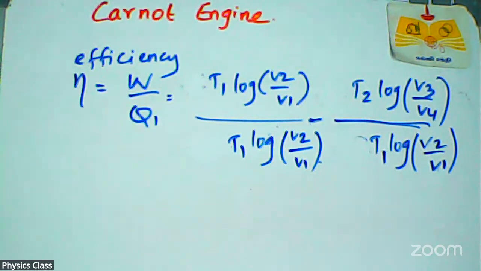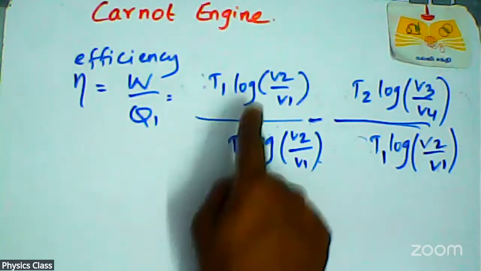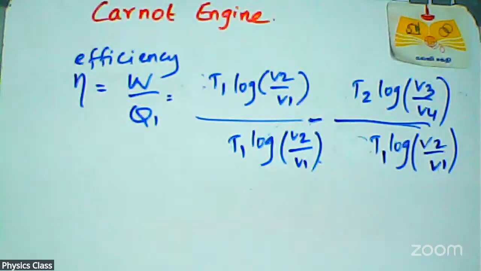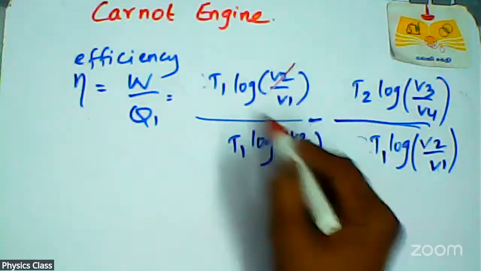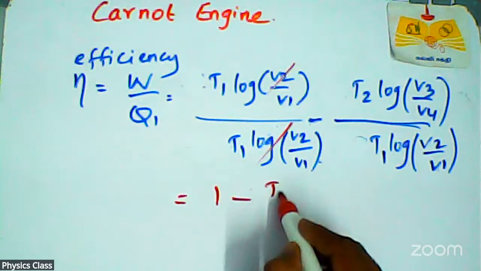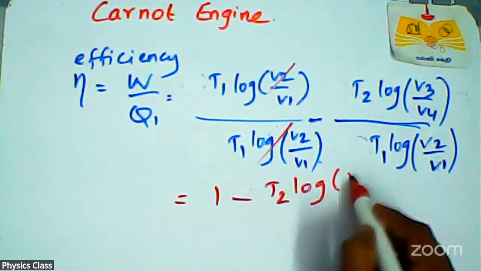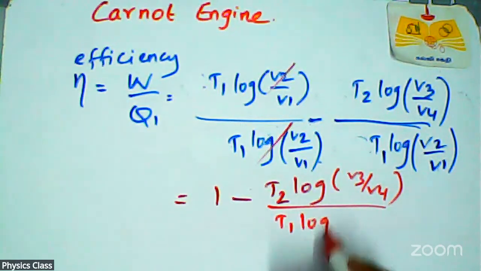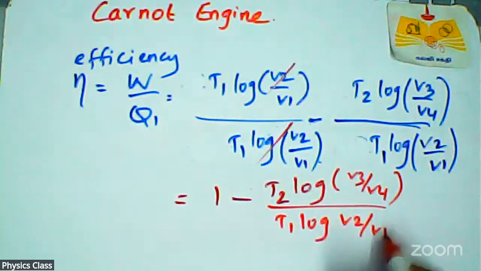Now you can see that both terms are the same, so we can cancel. It becomes 1 minus T2 logarithm V3 by V4 by T1 logarithm V2 by V1.